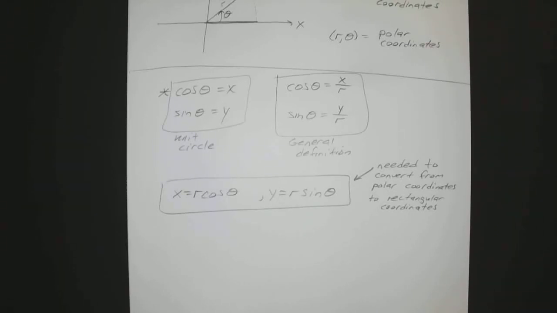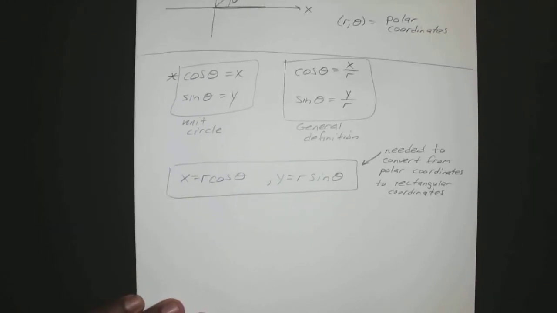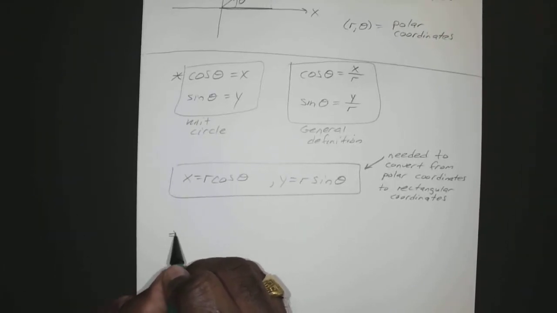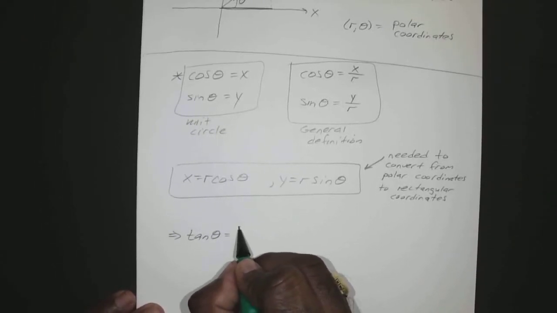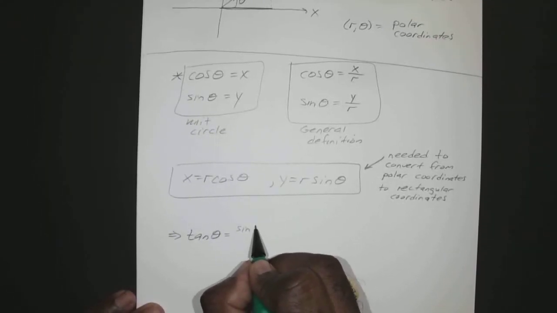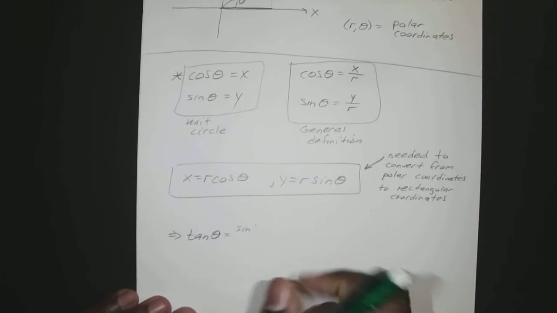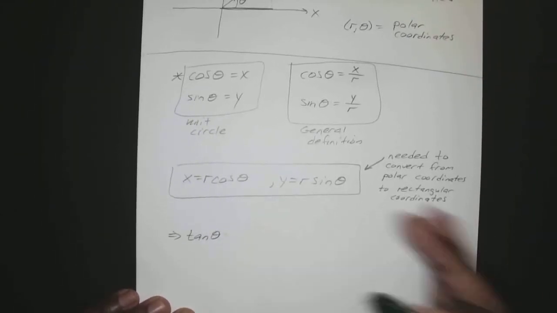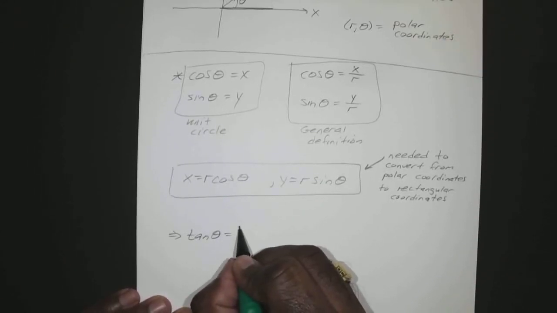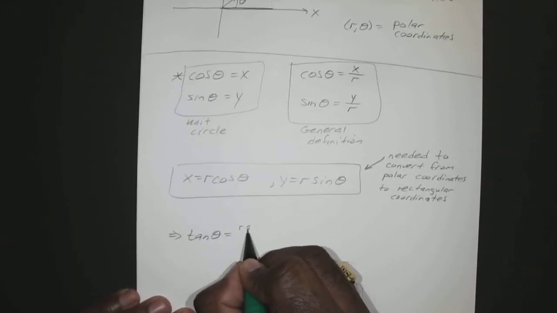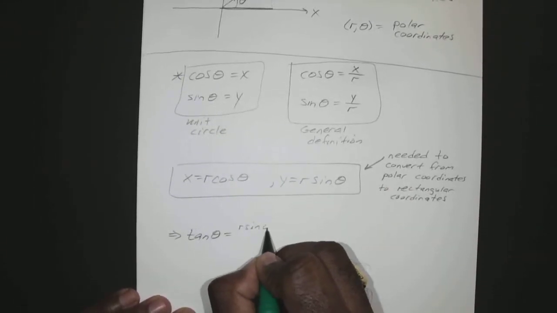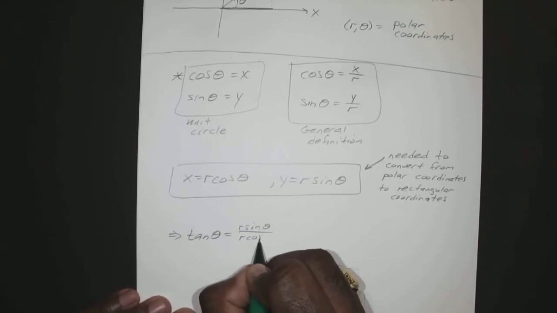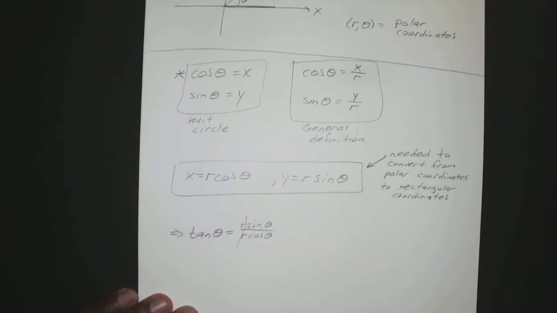Now converting from rectangular to polar is a little bit different. We know that tangent of theta is equal to, let's say, sine of theta over our cosine of theta, where the two r's cancel out anyway.